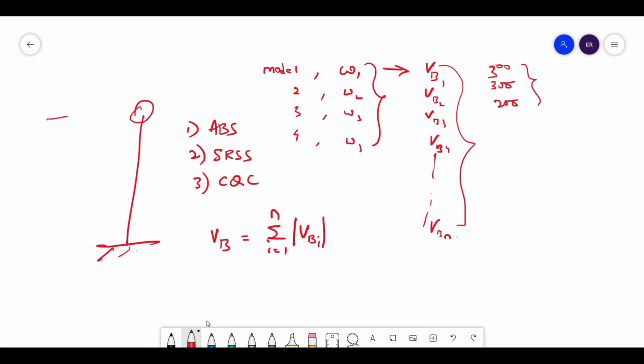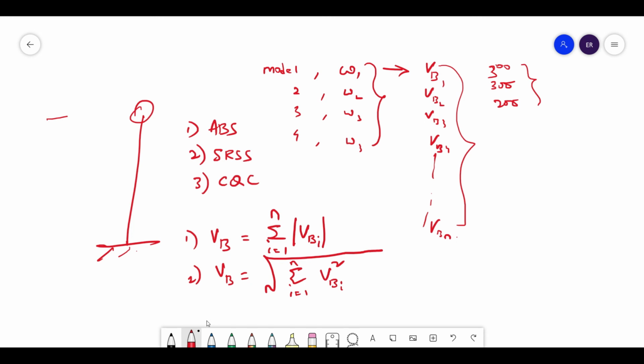Now coming to the SRSS method, my friends. In the SRSS method, the final VB is nothing but the square root of the sum of squares. So you first write the square root of the sum of squares, that is, sigma i equals 1 to n of VBi square.